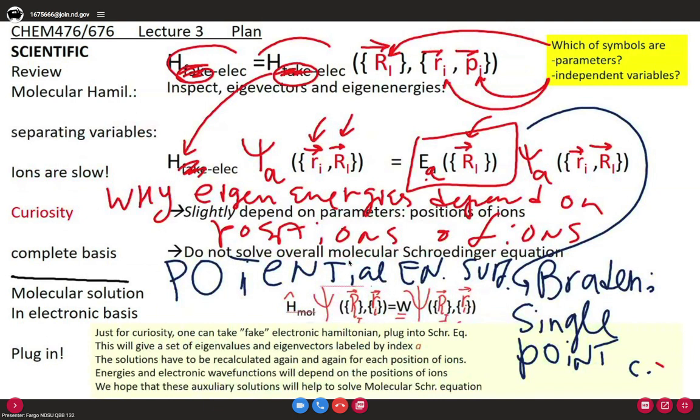So why don't we try the trick in this sense? We will take solutions for electronic degrees of freedom, add them together, compose a superposition, and then plug the superposition into the overall molecular Schrodinger equation. And then we will take solutions for different values of the parameter that corresponds to the position of nuclei.